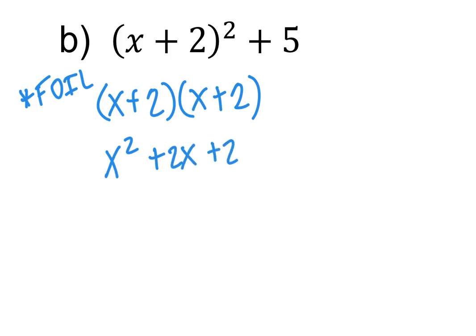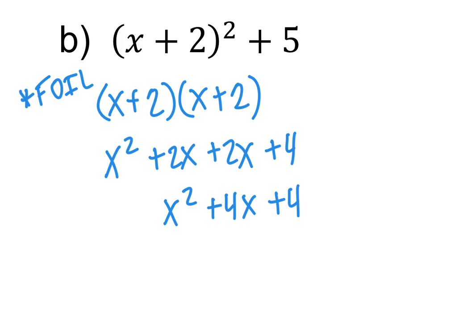Let's go ahead and FOIL that. First terms, outer terms, inner terms, and last terms. So now we get x squared plus 4x plus 4. What is the next step? Where do you get plus 4 from? Because the last terms are 2 times 2, so that's 4.